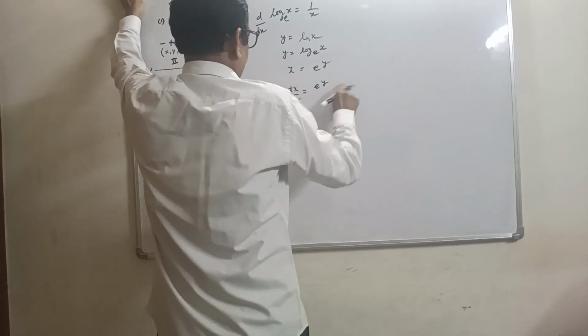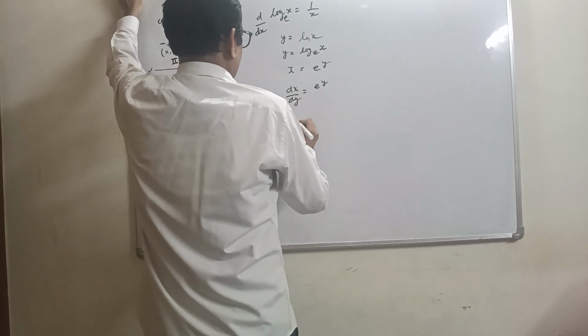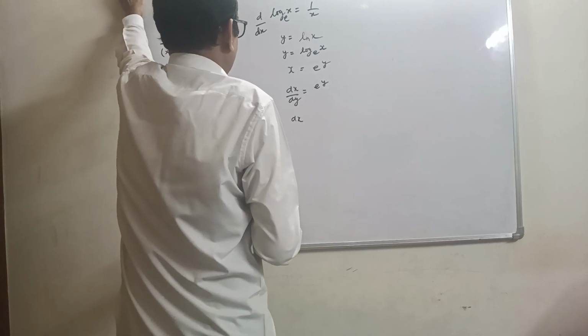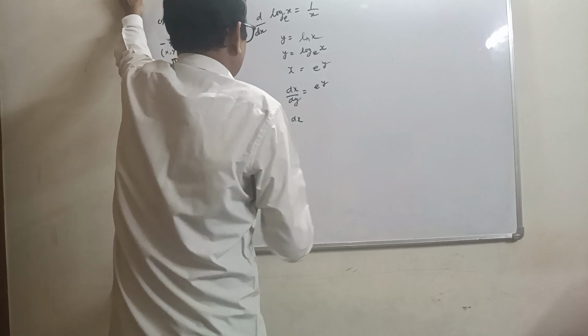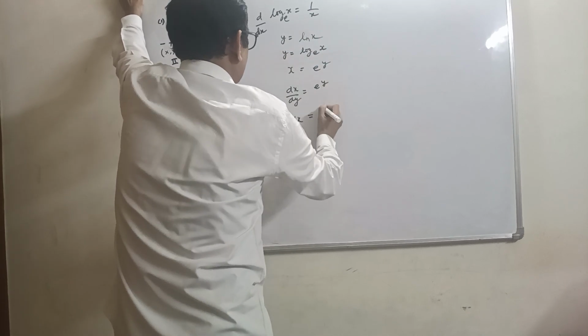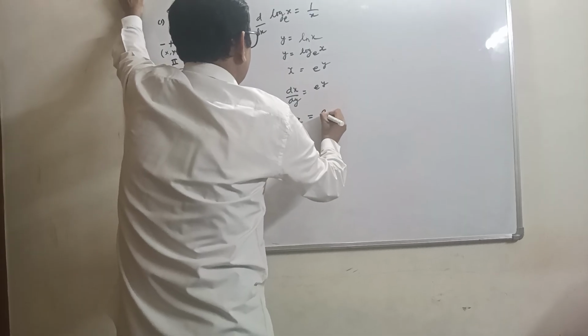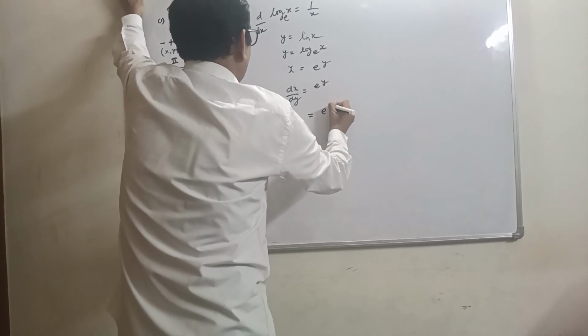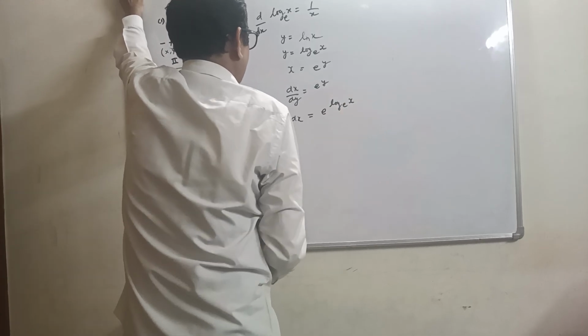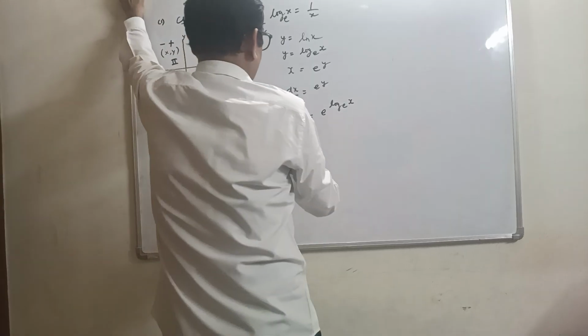So this becomes dx over dy of e raised to power y, and y is equal to log e x, dx upon dy.